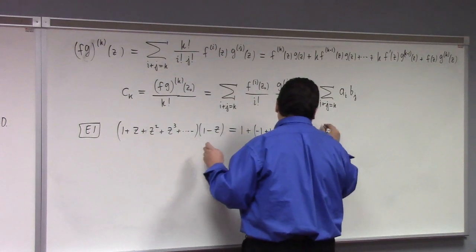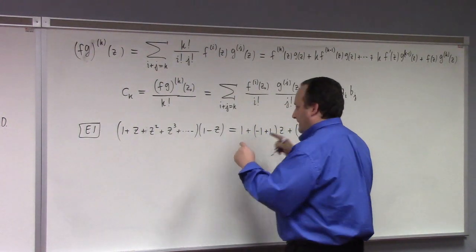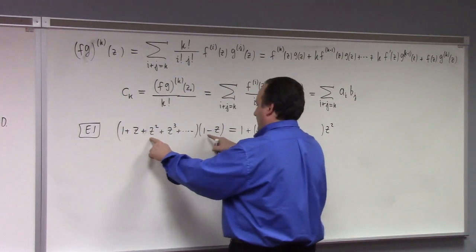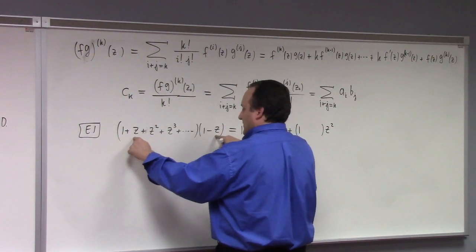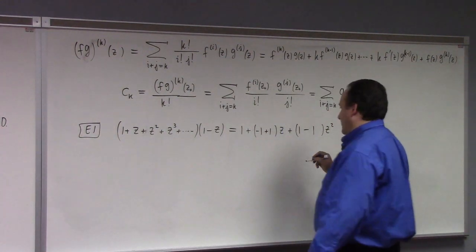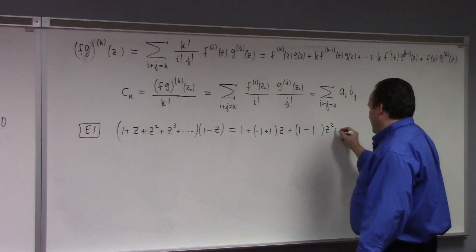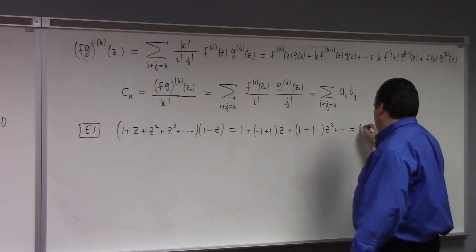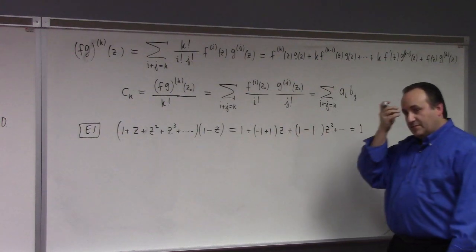How about my z squareds? Z squareds, I've got 1 here, right? And I've also got that times that gives me minus 1. And this continues, so this simplifies to just what? These two things multiplied just to give me 1.